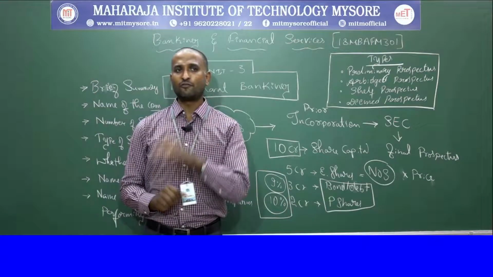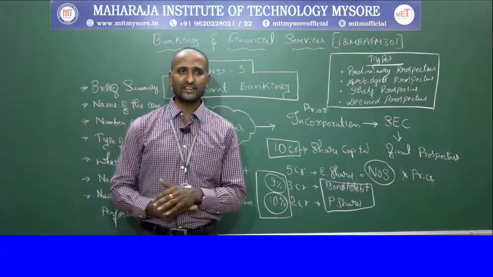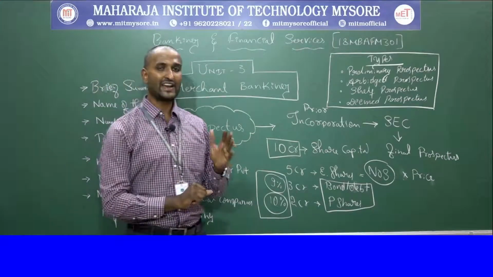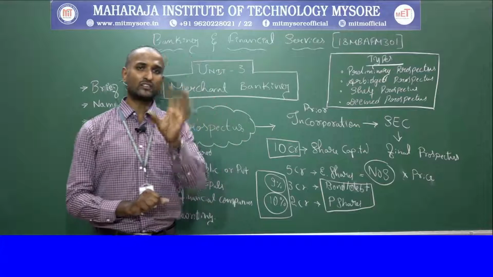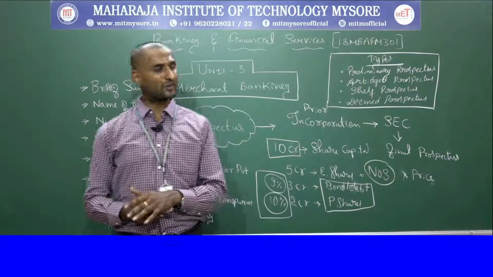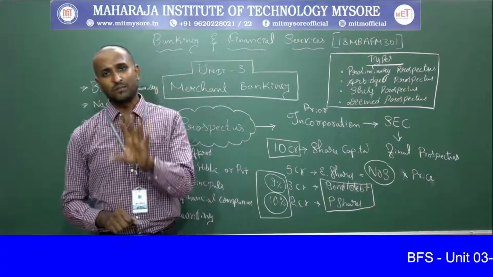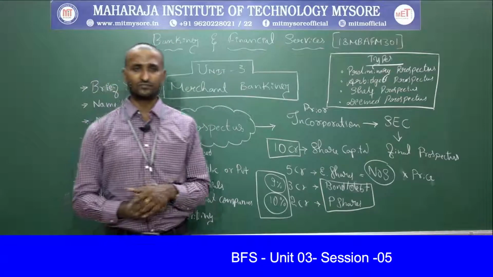So the first stage is the preliminary prospectus, which contains the details of the business and proposed financial action. They plan the capital requirement and the size of the company, and the preliminary prospectus only contains information about the business and proposed financial action.